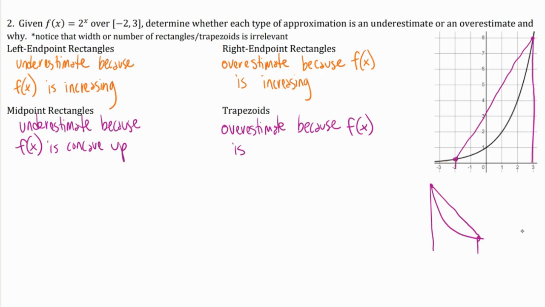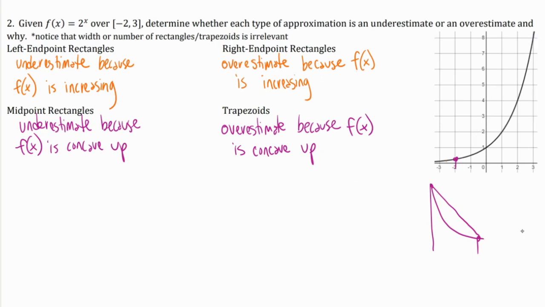The trapezoid is an overestimate in both of the examples I gave. But what do both of these examples have in common? They are both concave up. If your function is concave up, a trapezoid is going to be an overestimate. But if your function is concave down, your trapezoid will be an underestimate. So again, because f of x is concave up, trapezoids are an overestimate.